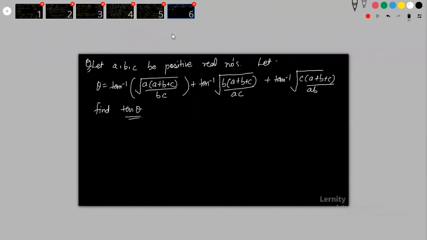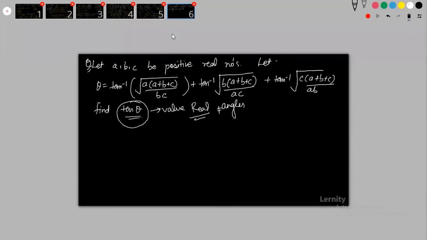Ajay Karthik, see, find the value of tan of theta. You should remember that tan of theta is a real value, so this value should not be in terms of angles.